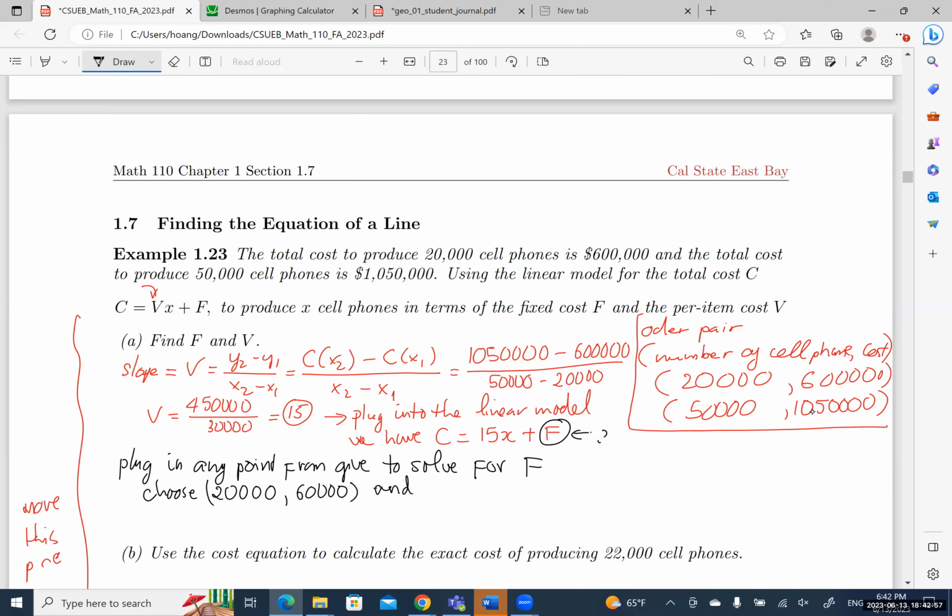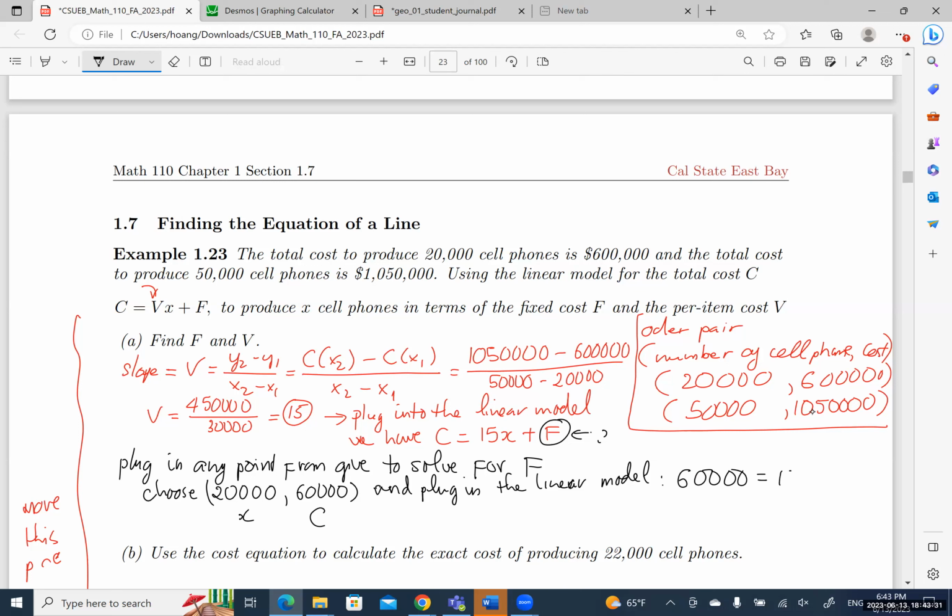And plug in the linear model. Okay, so plug in the linear model now. So we have this is X and this is C, right? So we have C now changed to be 60,000, right?